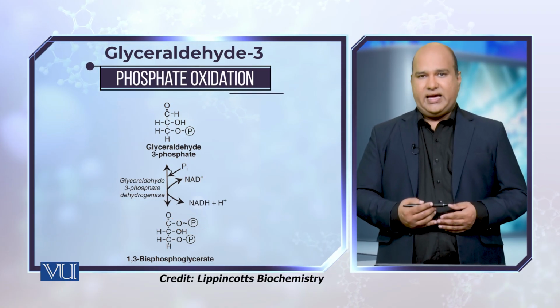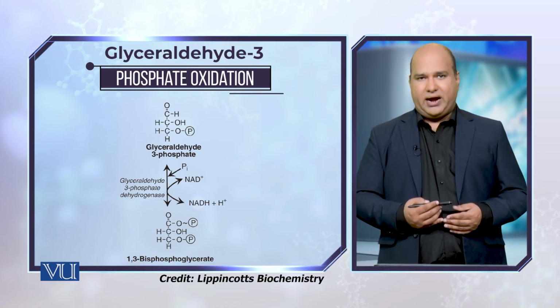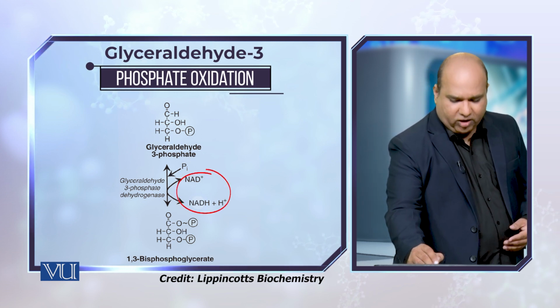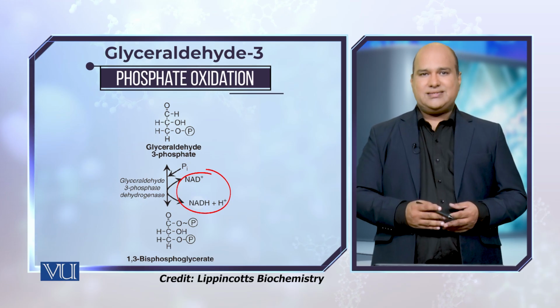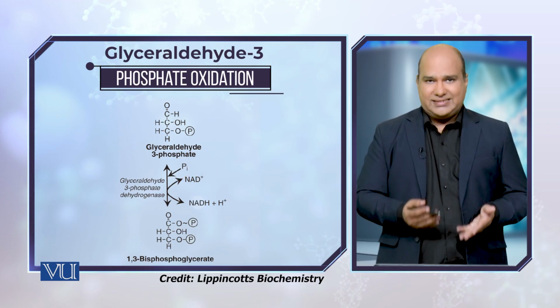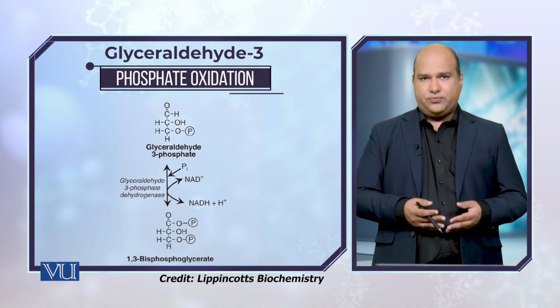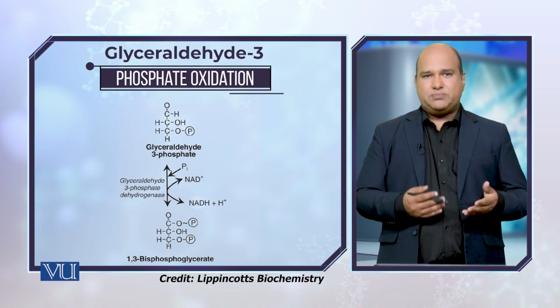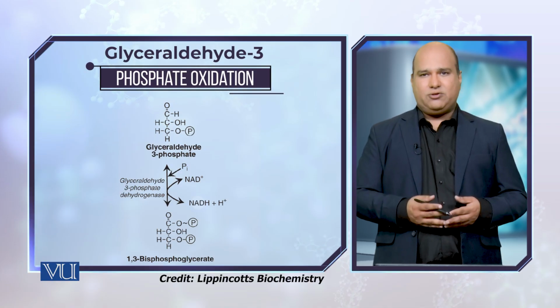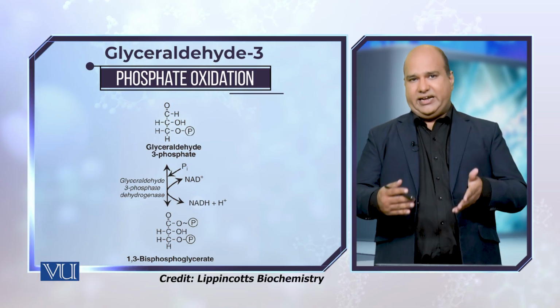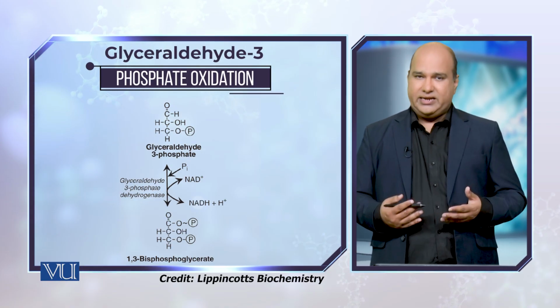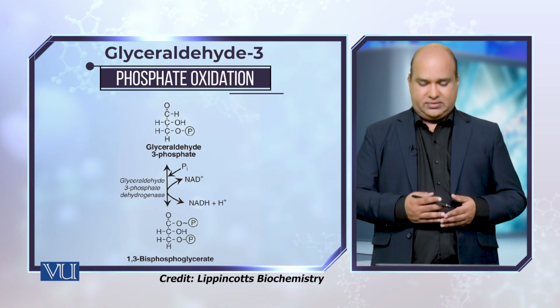In addition, another very important part of this reaction is that NADH2 is formed here. This is why it is an oxidizing reaction. We also say this is part of the aerobic phase of glycolysis, because if this NADH2 is going to be used in the ETC, the electron transport chain, it will require oxygen.